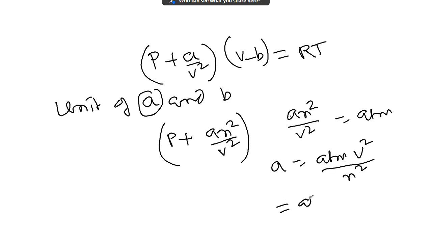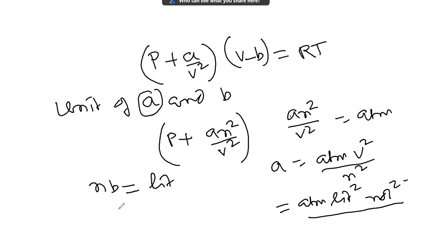So atm liter square mole to the power minus 2 is the unit of A. What is the unit of B? NB should have the same unit as V, that is liter. So the unit of B will be liter per mole.